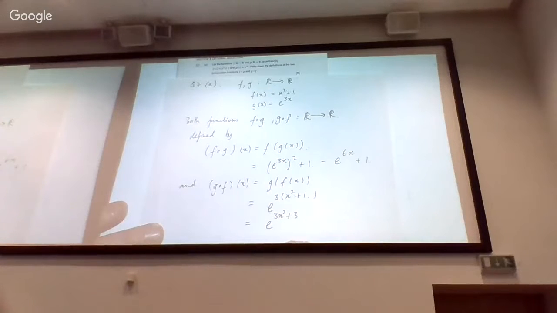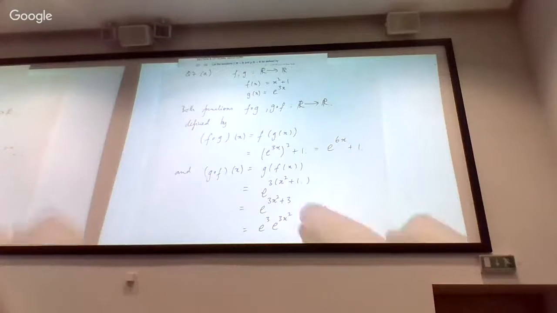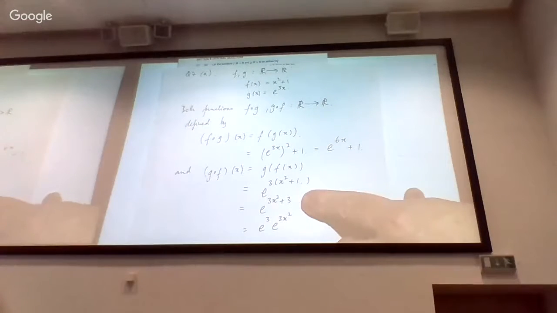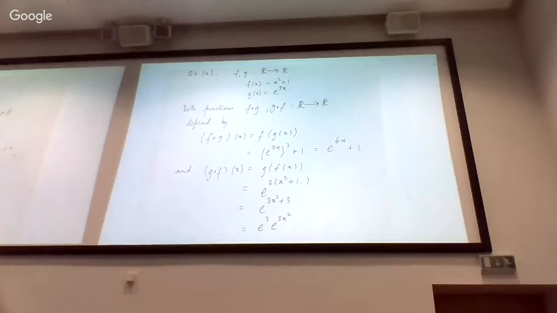You could leave it like that, or maybe write it as e cubed times e to the 3x squared, maybe you factorize it like that. So we've composed them correctly, crucially got the order correct, and shown some of the development of it, not just jumped straight to the final answer, but also shown the steps.